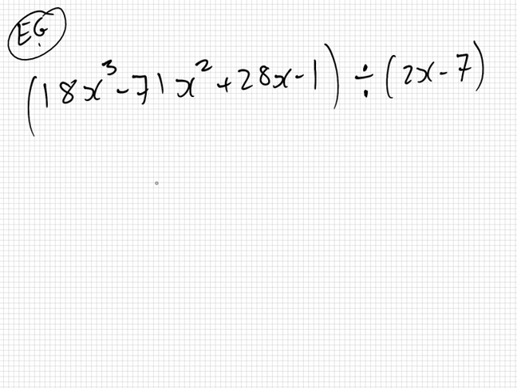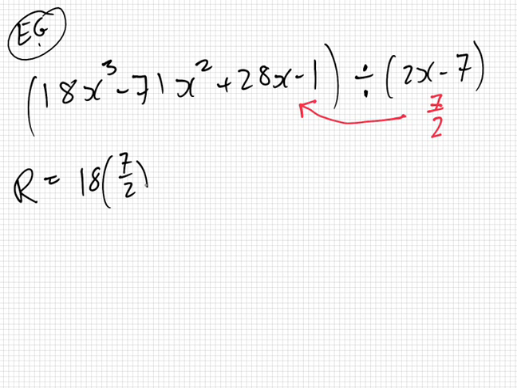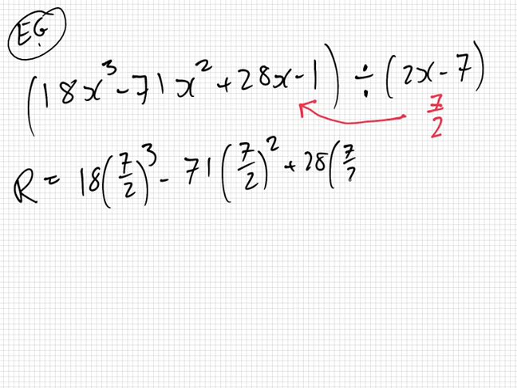If I want to use the remainder theorem, what do I need to do first? Yeah, so I need to change this here into 7 over 2. And then what do I do with the 7 over 2? Replace it. So I get 18 times (7 over 2) cubed minus 71 times (7 over 2) squared plus 28 times (7 over 2) minus 1.